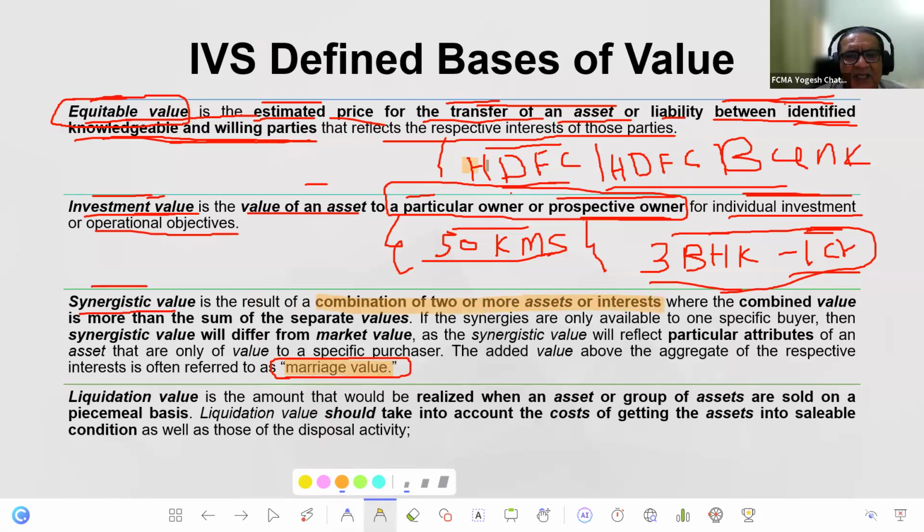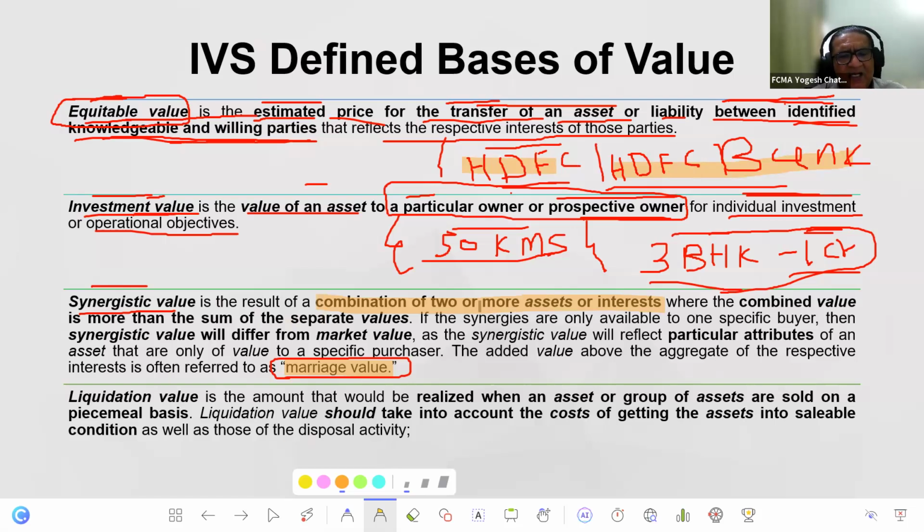We have taken the example of HDFC and HDFC Bank. The value of assets of HDFC and HDFC Bank individually will be less as compared to the value of the same assets to the combined entity of HDFC. So that is the synergistic value.